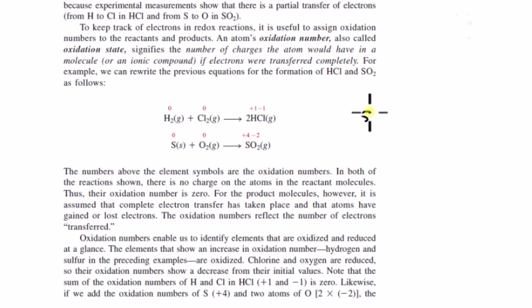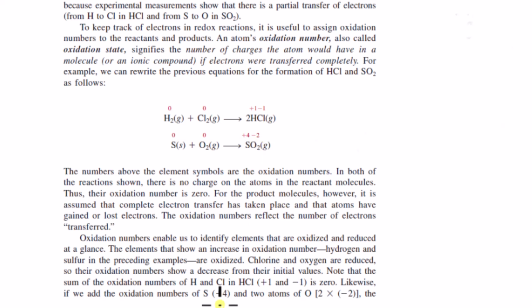With SO2, the more electronegative oxygen atoms will pull 2 electrons each from sulfur towards it to create some polarity, but we assume a hypothetical full transfer of those electrons for the sake of oxidation numbers, and we get a -2 on each oxygen, and a +4 on the sulfur. And there we go. Okay, so this is a redox reaction, an oxidation-reduction reaction, because the oxidation numbers with respect to sulfur atoms and oxygen atoms in the reactants change when you go to the products. You go from 0 to +4 here and 0 to -2 here.